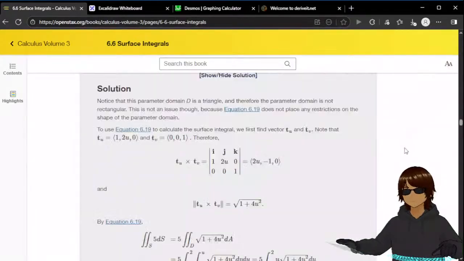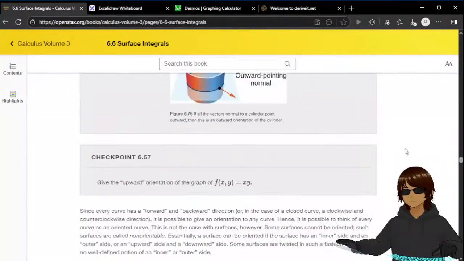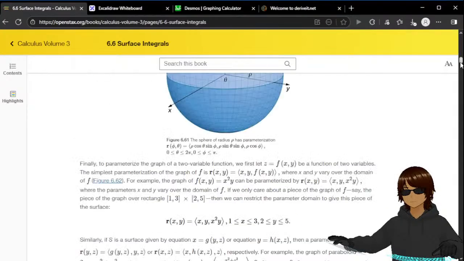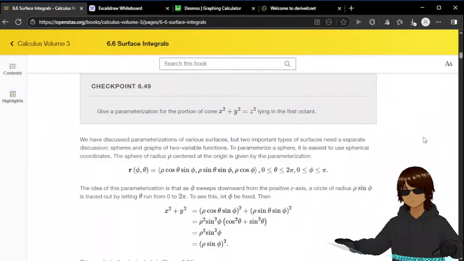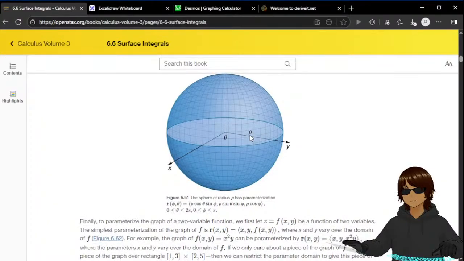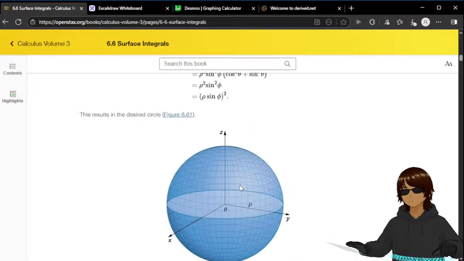Hold on. Theta from 0 to 2 pi, then phi from 0 to pi. Why is it only 0 to pi though? Okay, so it's calculating a circle all the way from 0 to pi, right?